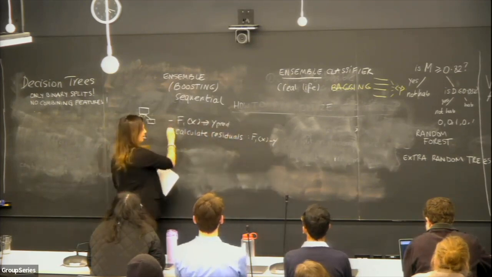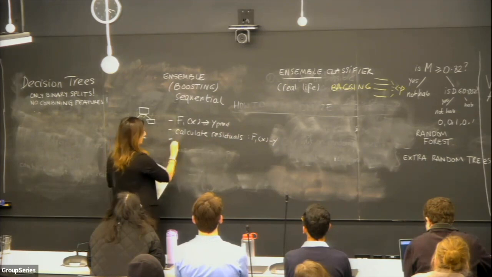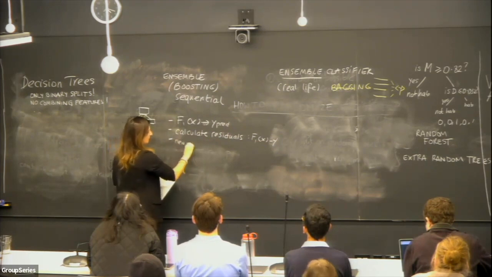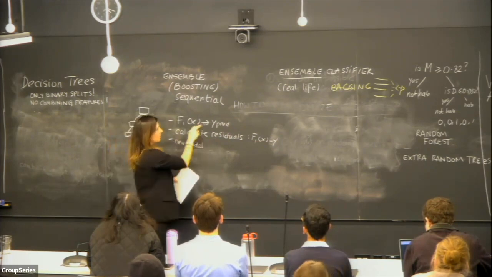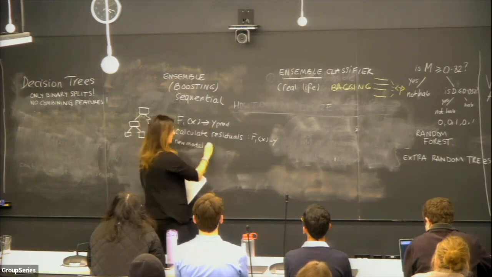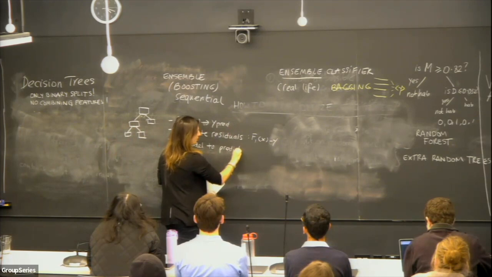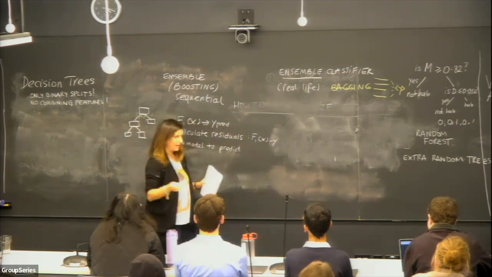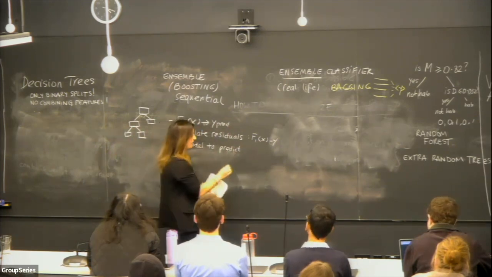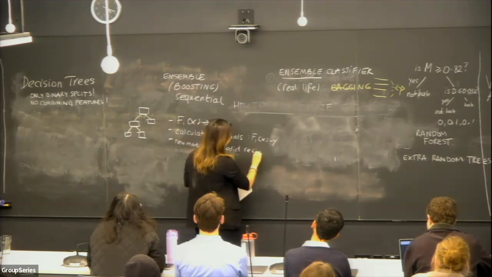Okay, now the next step, what I do is make a new model, but instead of predicting my original value, I try to predict the residual. So I still use a simple decision tree, but I change the target.